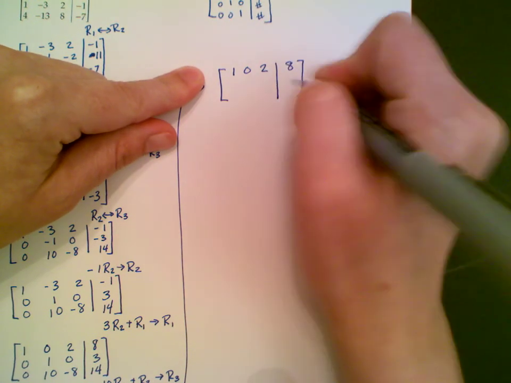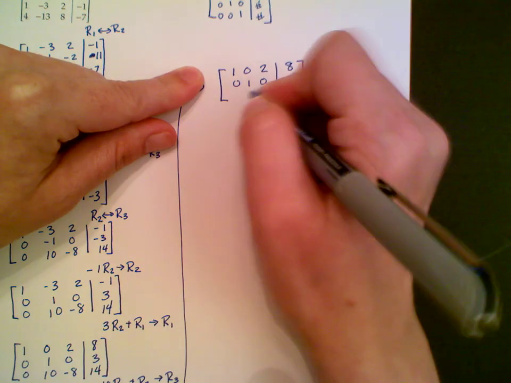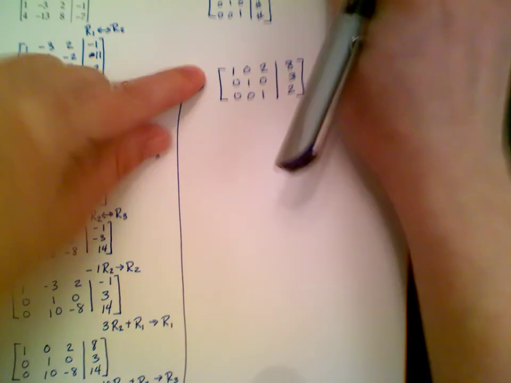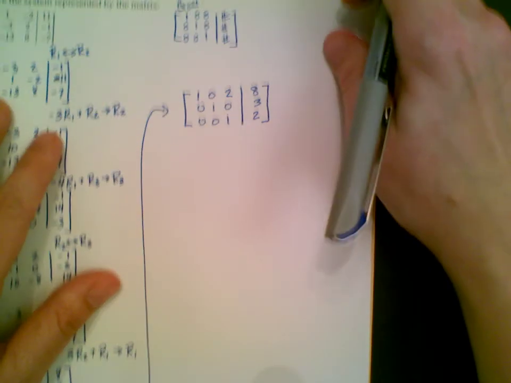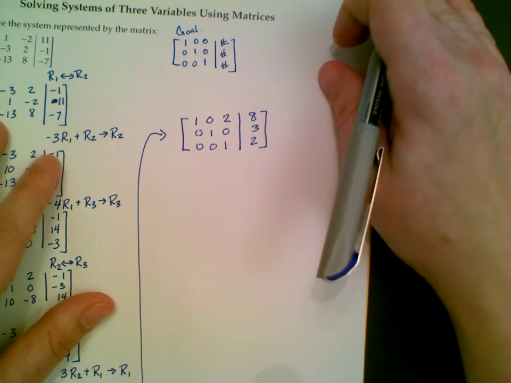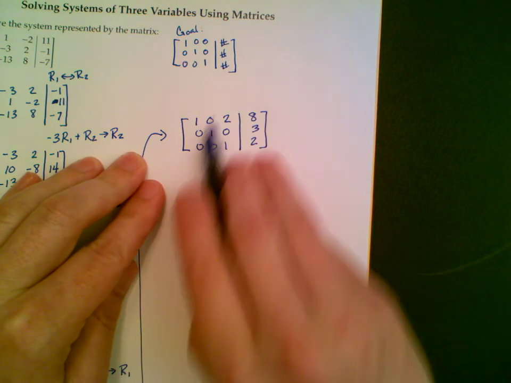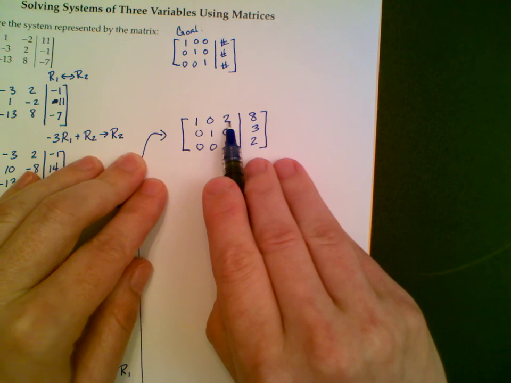So this is just recopying the same exact matrix. I'm not doing any operations here. And now if I shift a little more, then I can see my goal form. So notice my matrix is almost perfect on the coefficient side here. I just need to turn this 2 into a 0.